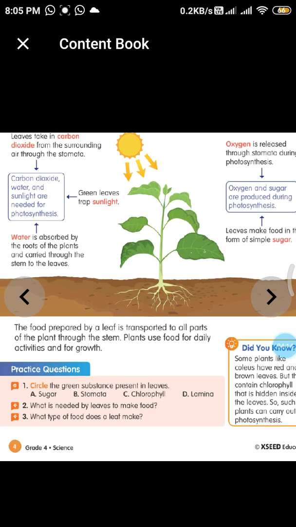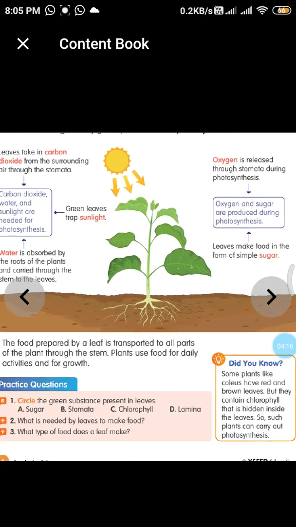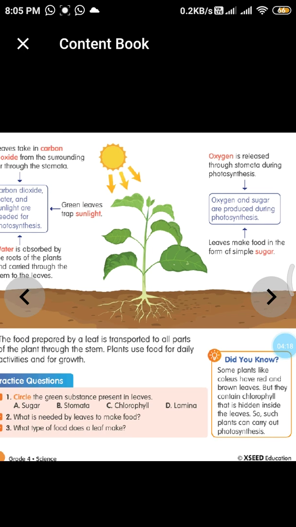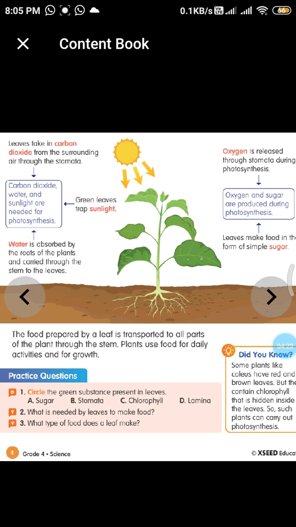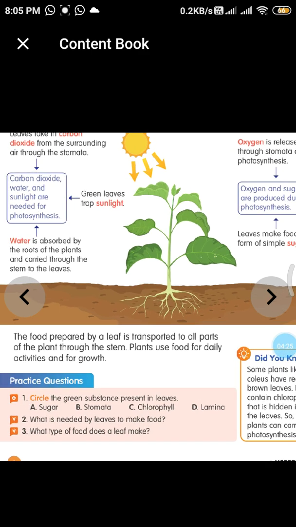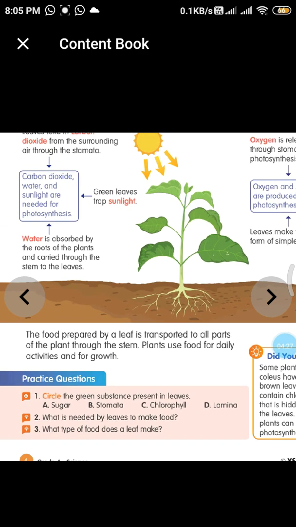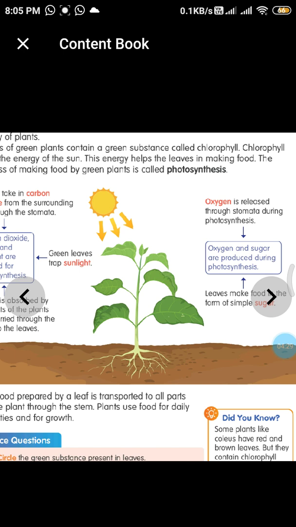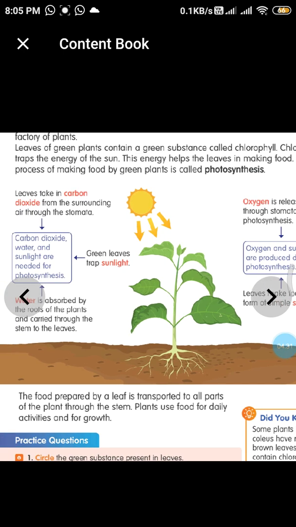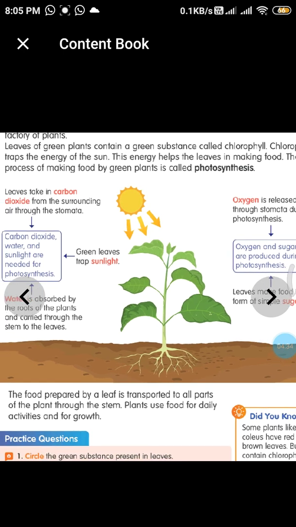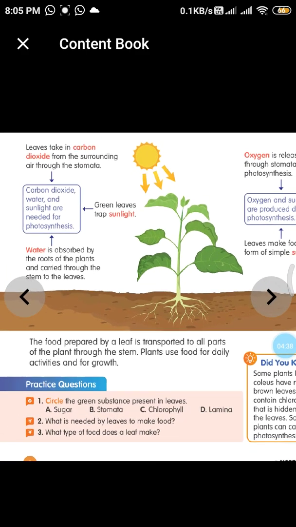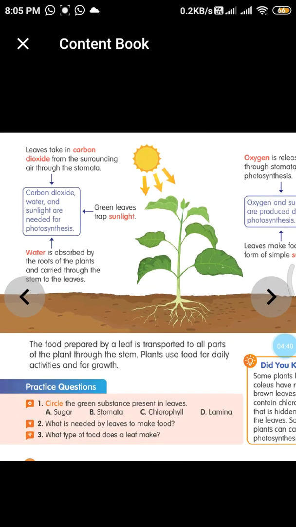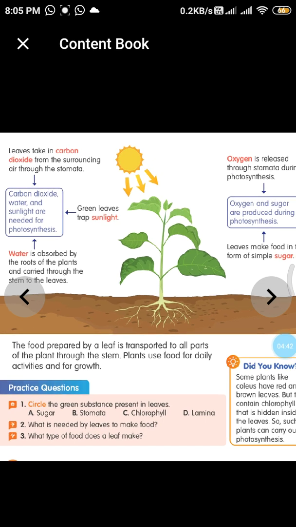This whole process, in which the plants utilize water, minerals, sunlight, carbon dioxide and a pigment that helps do all this, and finally prepare the food, is known as photosynthesis. What do we call this process? Photosynthesis.